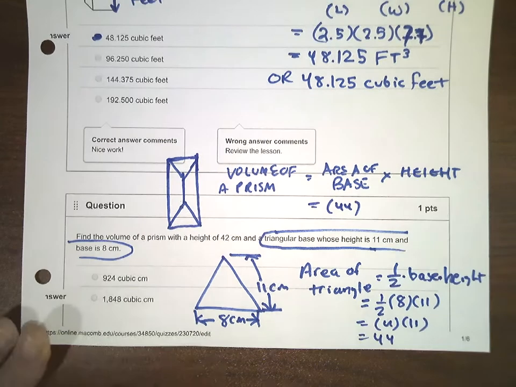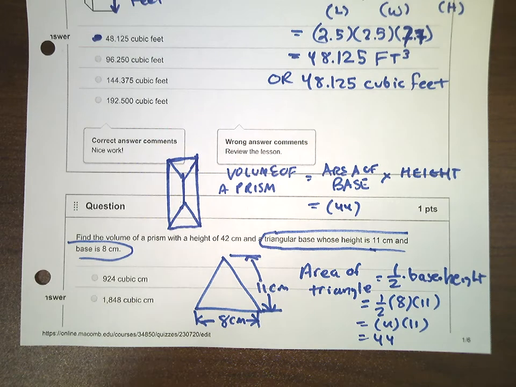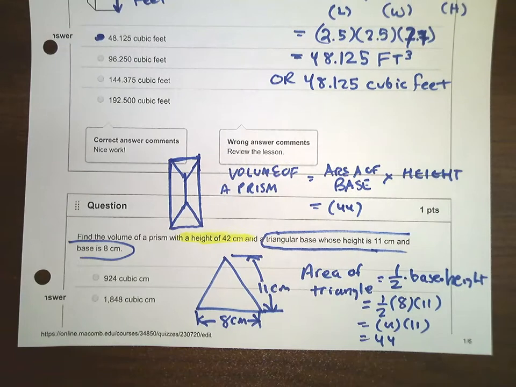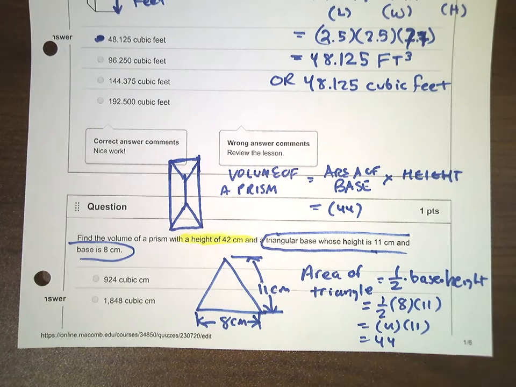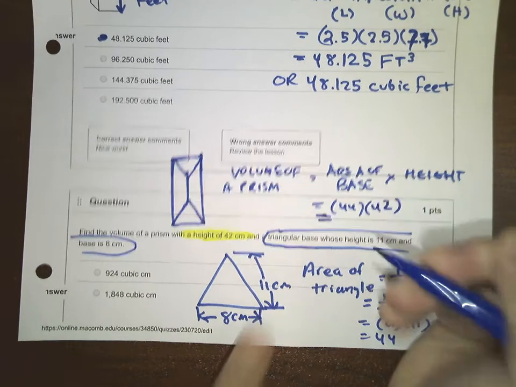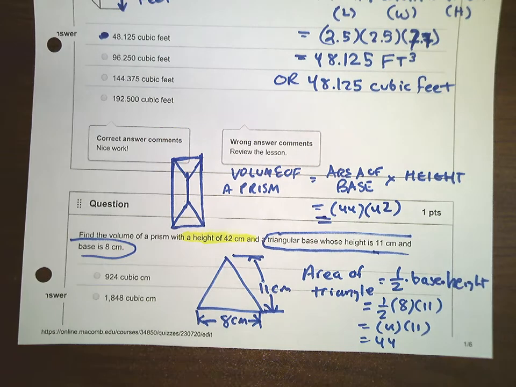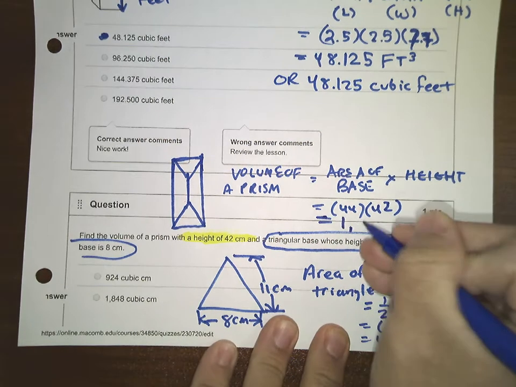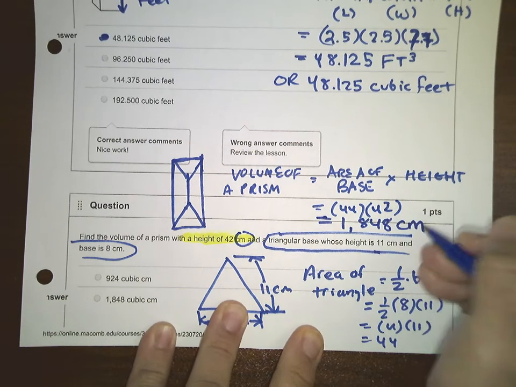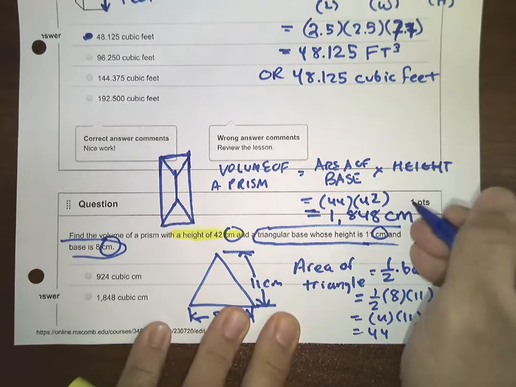And then they said that the height of this triangular prism is 42 centimeters. So this will be times 42. 42 times 44 is going to be 1,848, and we see that the units were centimeters, so centimeters times centimeters times centimeters is centimeters cubed.